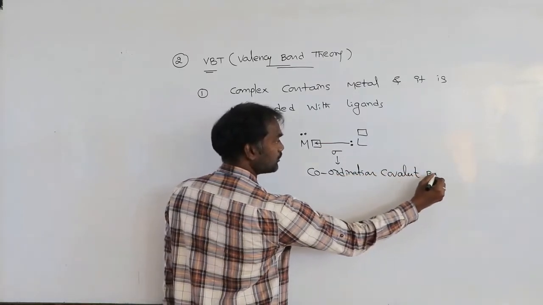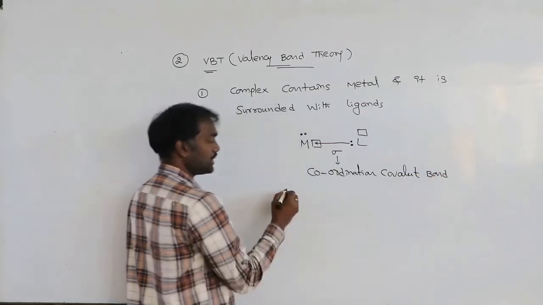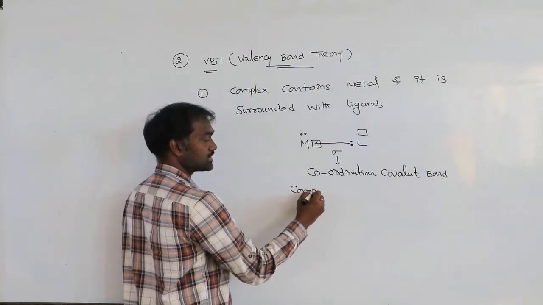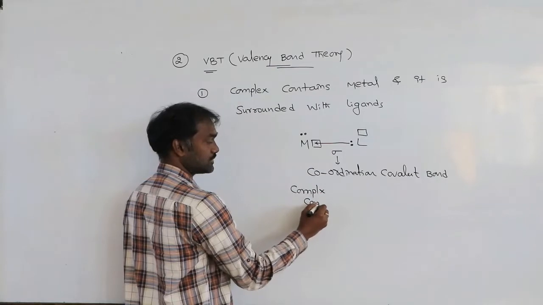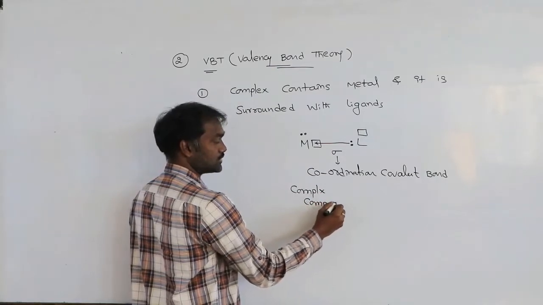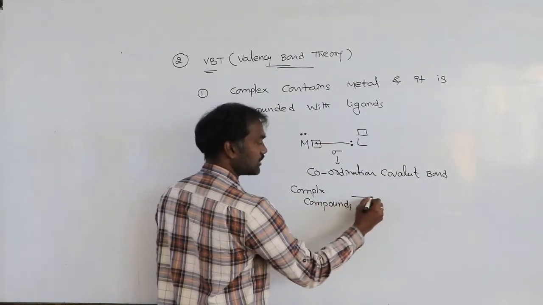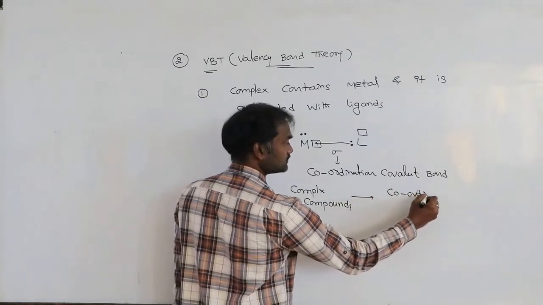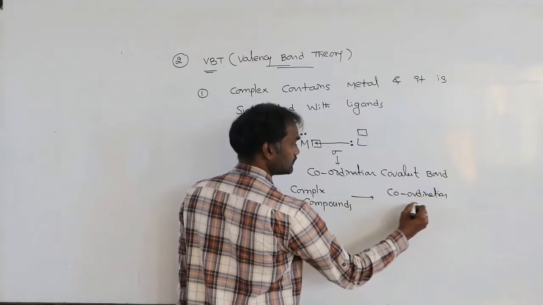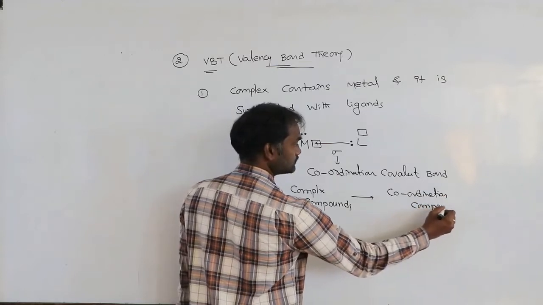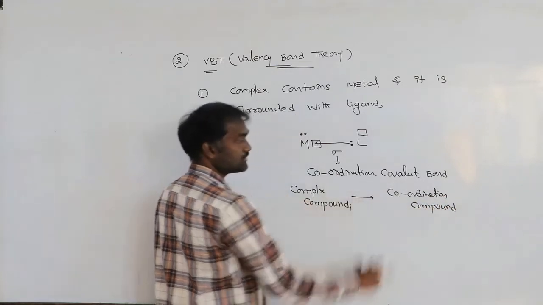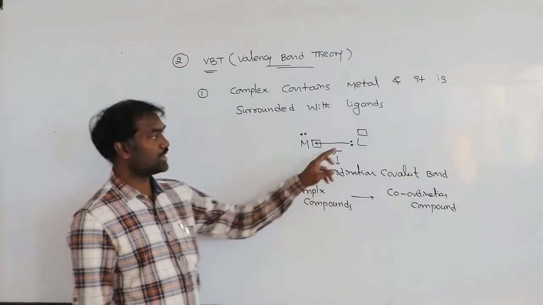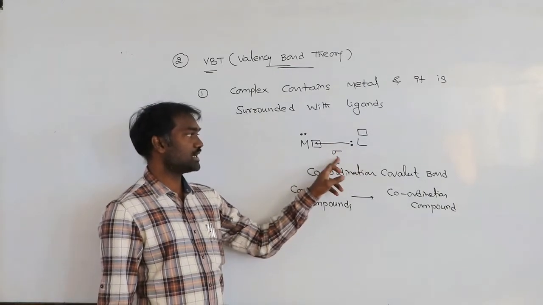Based on this, what we previously called complex compounds are now called coordination compounds, because of the formation of a coordinate covalent bond from ligand to metal, which is a sigma bond.